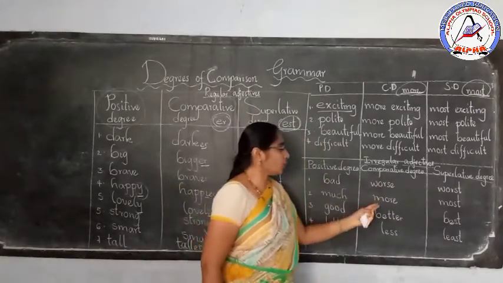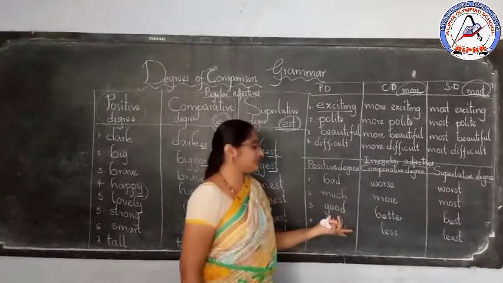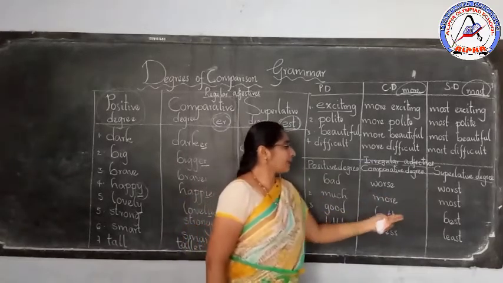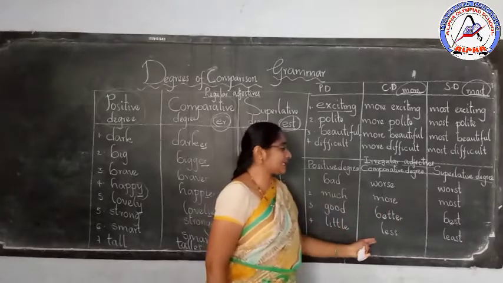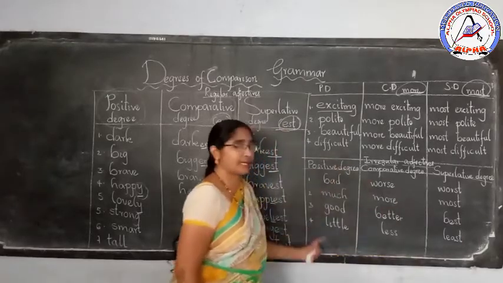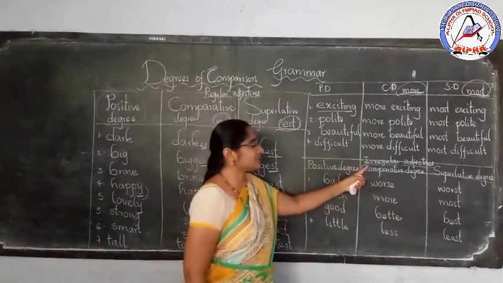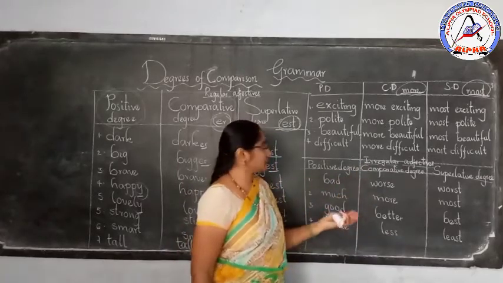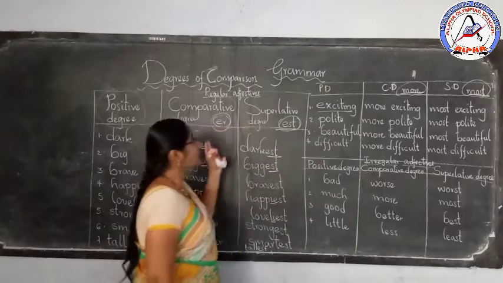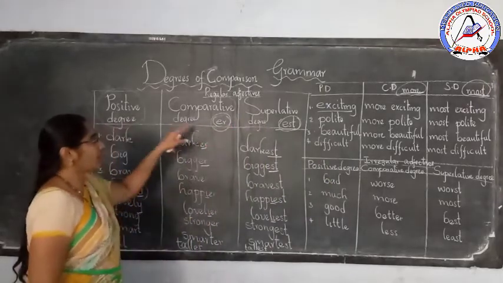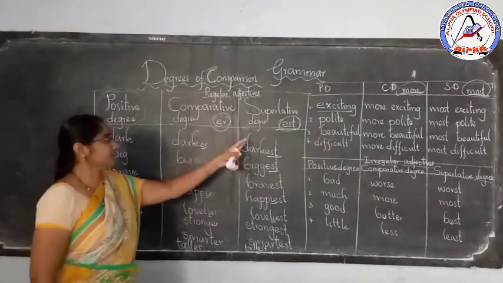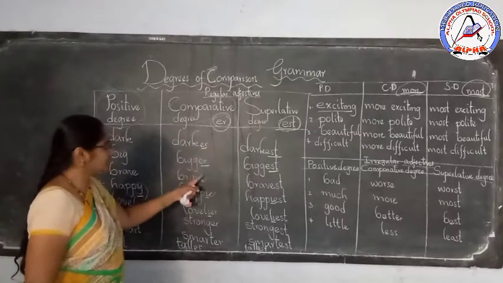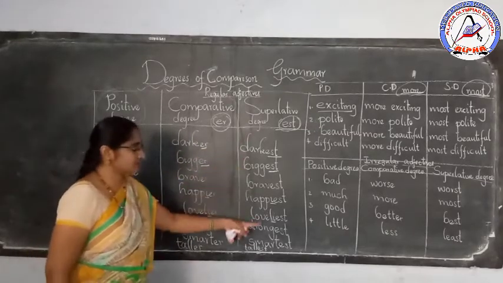Much, more, most. These three are also different. Good, better, best. Little, less, least. These three can be observed here. Irregular adjectives are quite different. The three forms are different words, whereas the regular adjectives are the same. They all will get only er and est. You can observe here er, here also est.